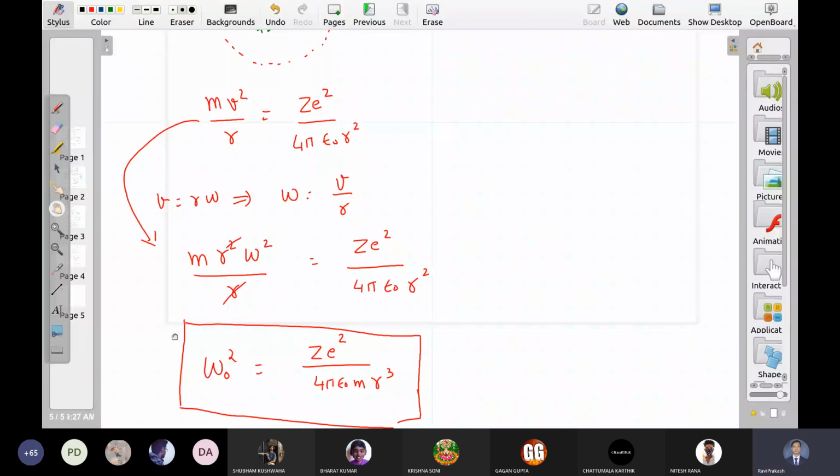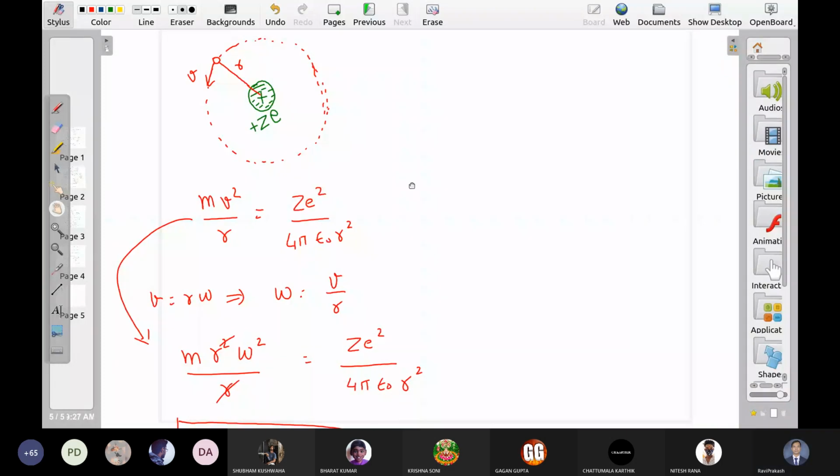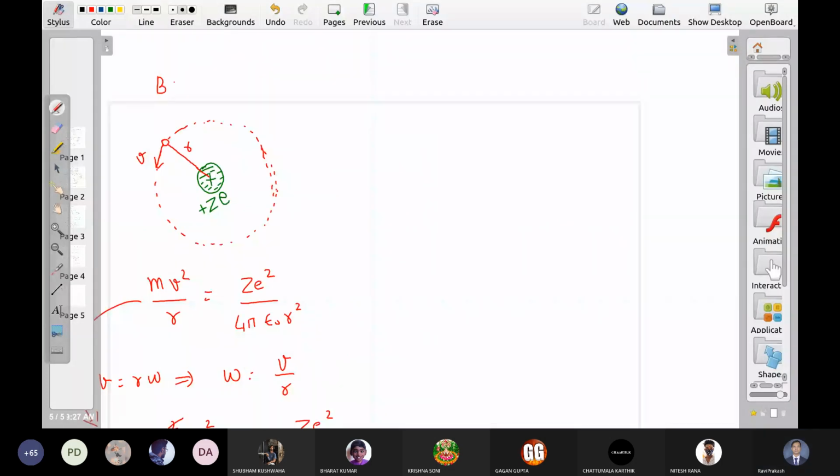Now I am going to apply a magnetic field on this atom. So right now there is no magnetic field. Okay. Now I am going to apply a magnetic field here. Direction. So let me draw the same figure again.